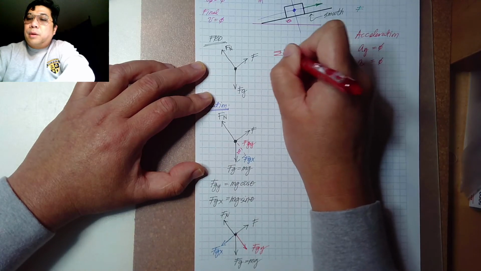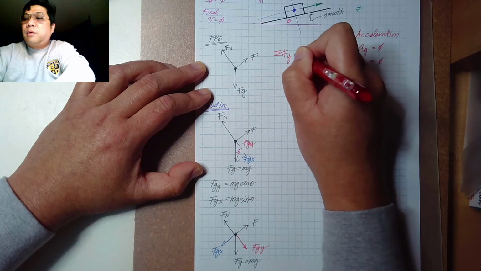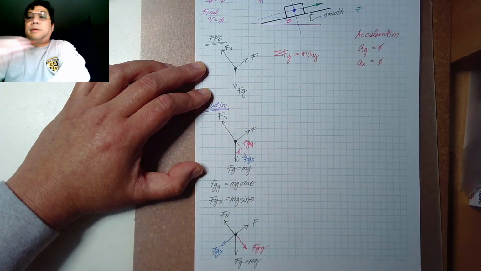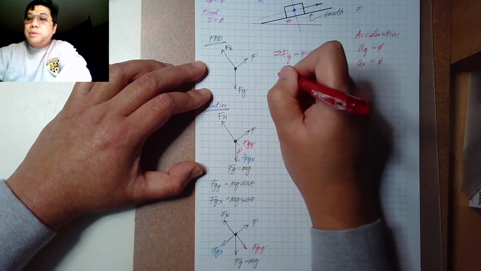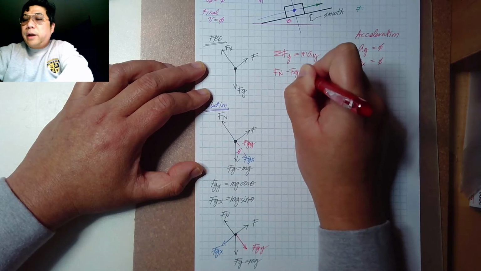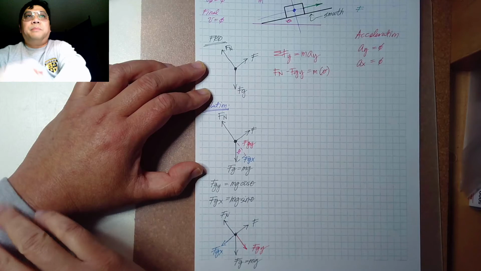So if we apply Newton's law of motion, the summation of forces along y is mass multiplied by the acceleration along the y-axis. Forces going up are positive, that is normal force minus Fgy equals mass times the acceleration, which is 0.